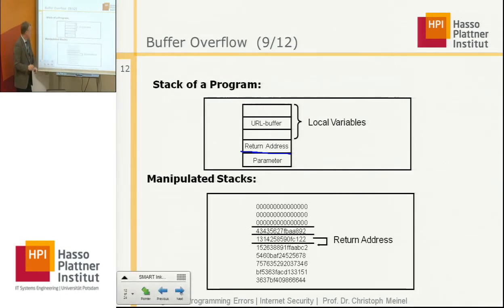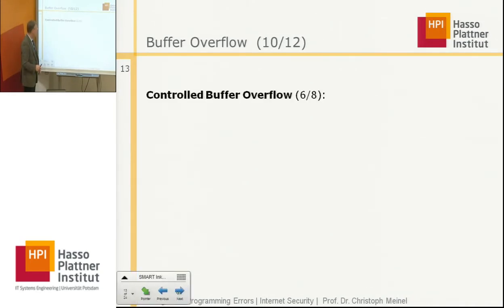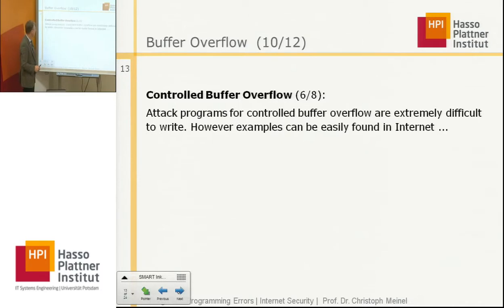If it's possible to manipulate the stack by means of buffer overflow, you see the return address is overwritten by an address that does not point to the original program, but to the executable code of the overwritten buffer. So this is a controlled buffer overflow.